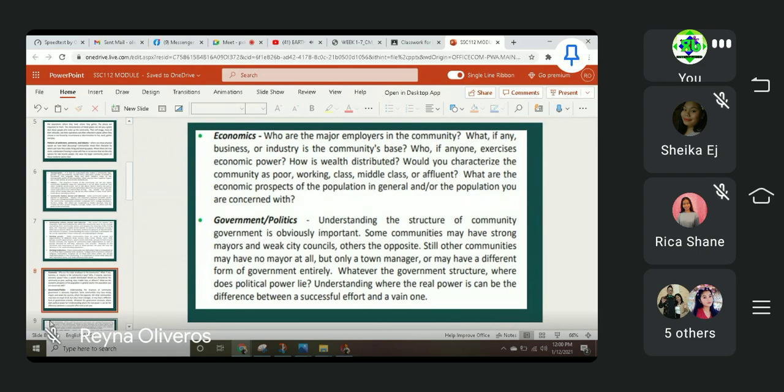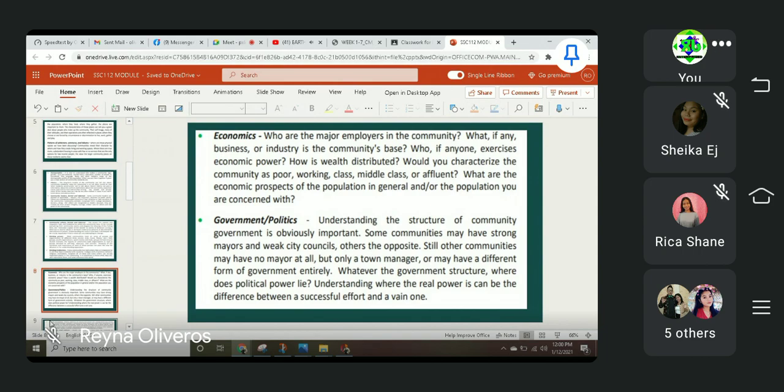And who, if anyone, exercises economic power? How is it distributed? How would you characterize the community as poor, working class, middle, or affluent? Okay? Ano yung mga prospects ng population, either in general or by concern? 'Di ba? Ano yung kinalaman nito sa'yo?